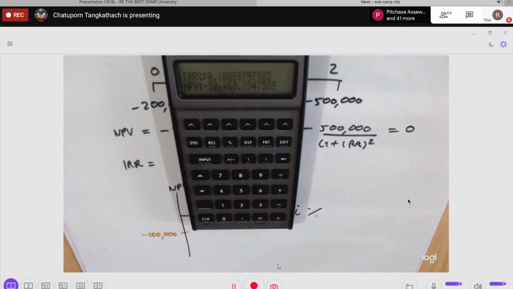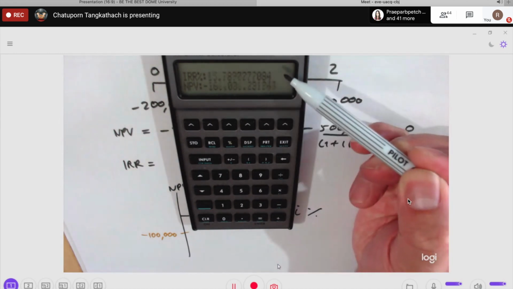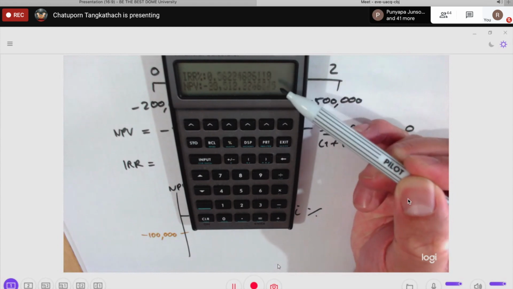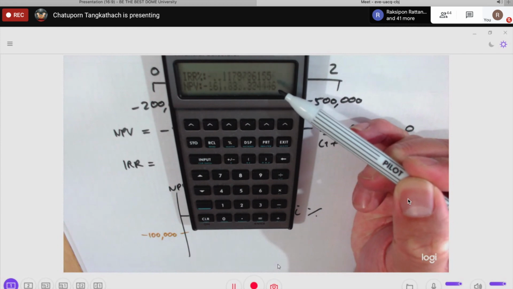What I want you to see first is that your BA2 Plus also uses the concept of trial and error to calculate the answer. It's actually not so easy. On the first row, the calculator tries different rates to see whether the answer for that particular rate gives NPV on the second row equal to 0 or not.